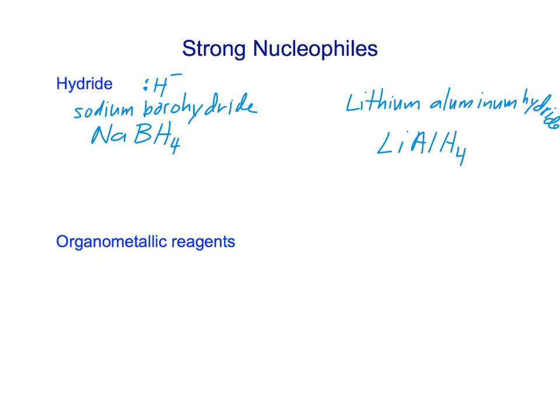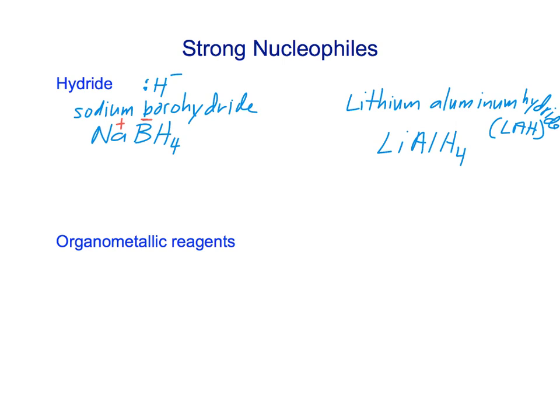This lithium aluminum hydride, sometimes it's just abbreviated LAH. We can think about these as hydride delivering agents if we look at the structure here. This molecule is essentially ionic between the sodium and the borohydride part. So this has a plus and this has a minus.